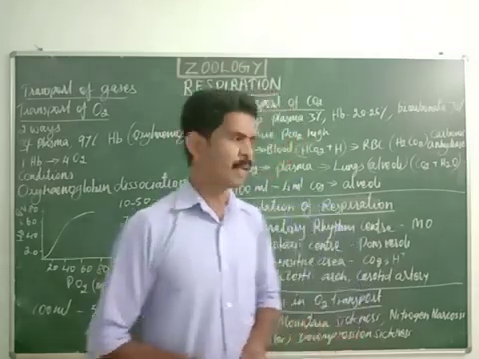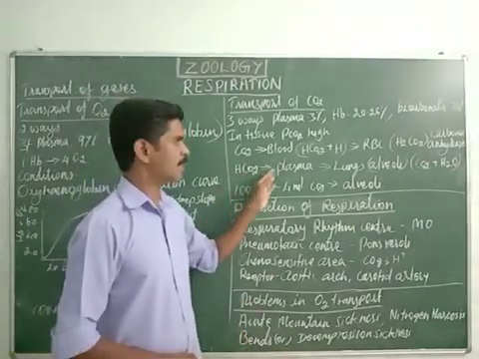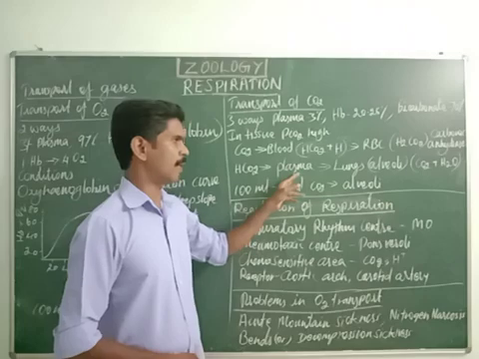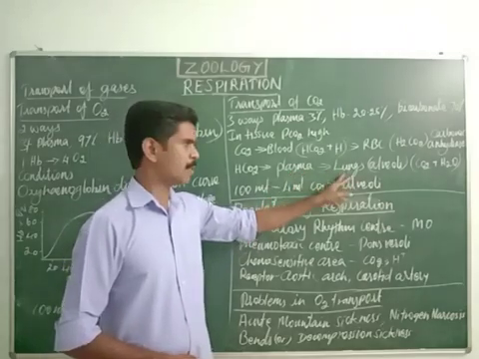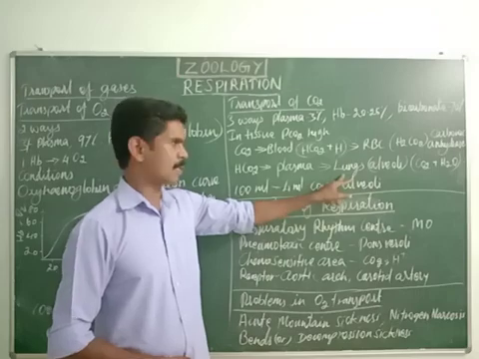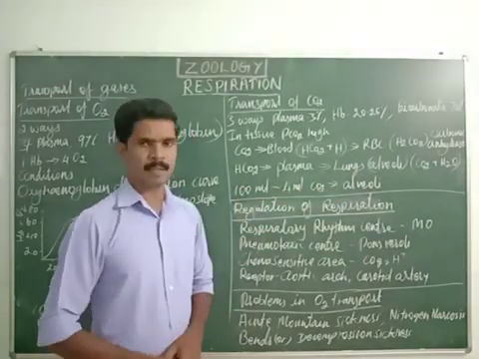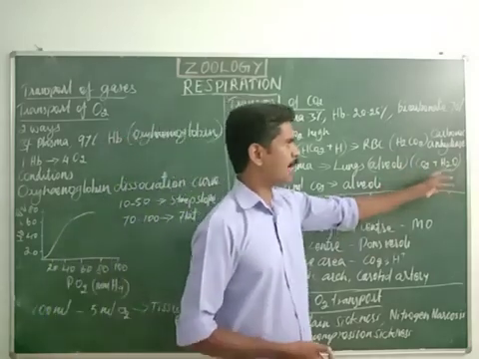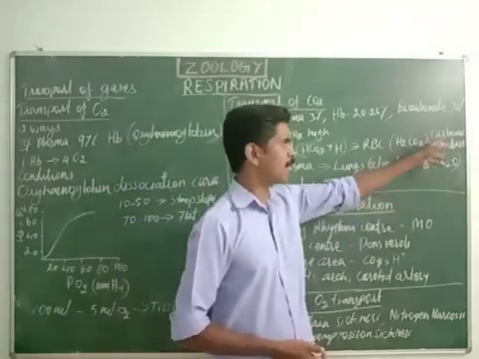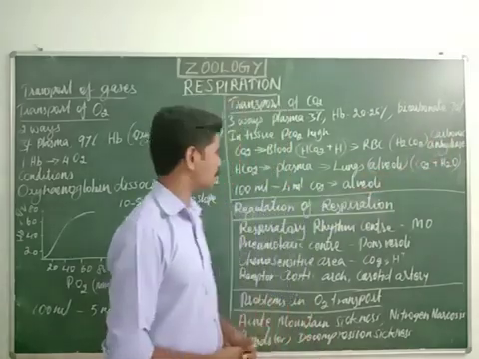Then, when these bicarbonate ions enter the plasma of the blood, they move directly to the alveoli of the lungs. After reaching the alveoli, these bicarbonate ions are changed again into carbon dioxide and water with the help of the same carbonic anhydrase enzyme. Let me repeat this last point.